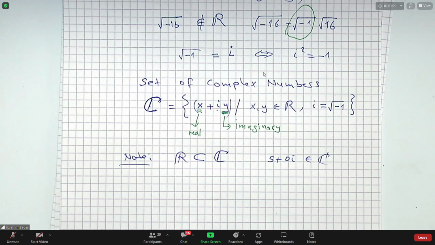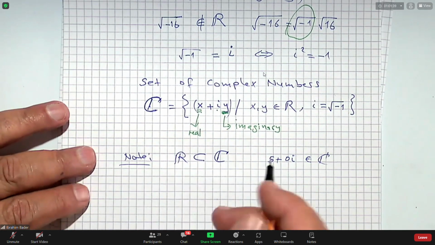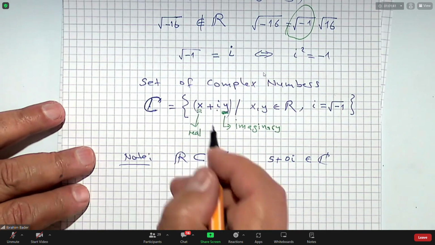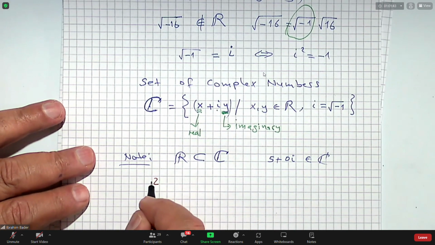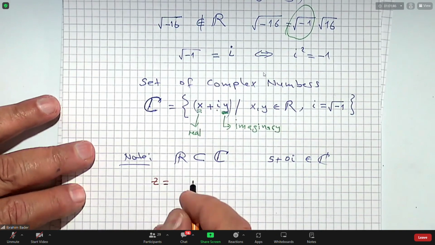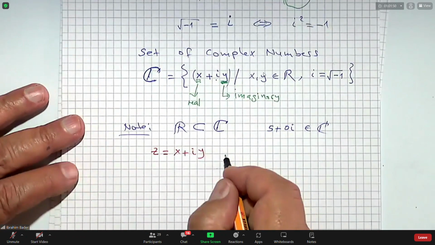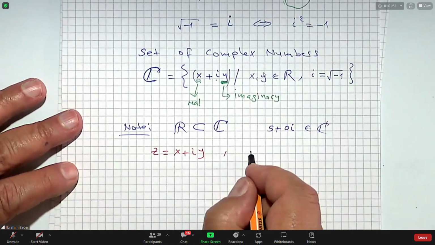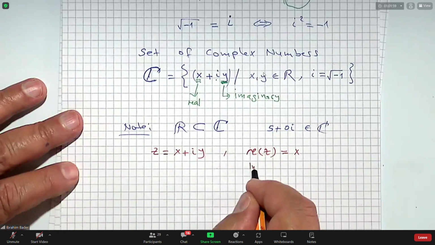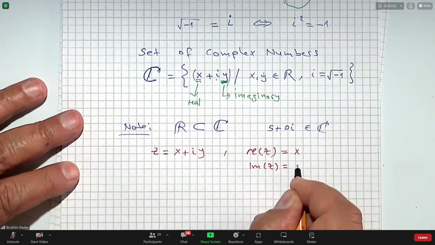Okay, now we are going to give the complex number a name, maybe Z. So we are going to use Z as a general number here, x plus iy. And we are going to take x as the real part of Z, Re of Z equals x, and Im of Z equals y.